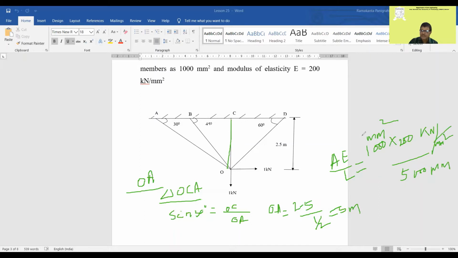So this will cancel. 5,000 by 1,000 comes to 5, and it is 200. So 200 by 5 will be equal to 40. So this number is written as 40 kilonewton per millimeter. You can see here.